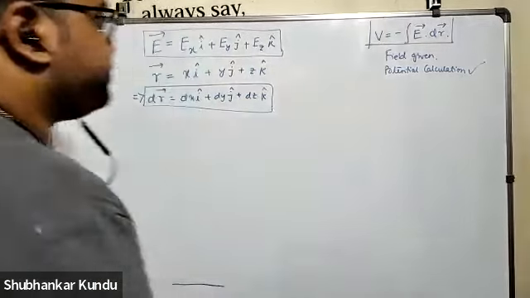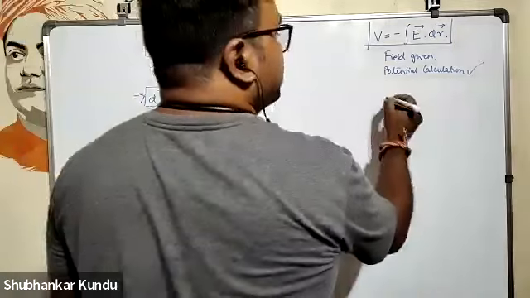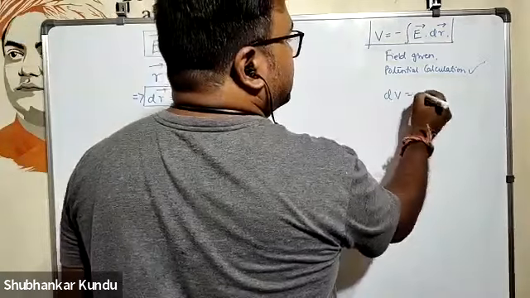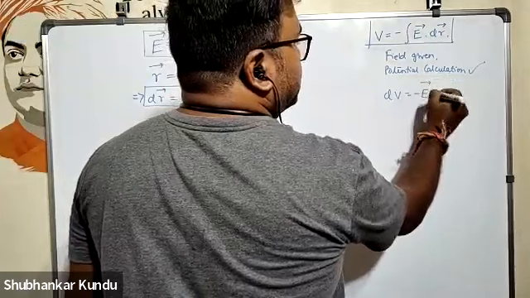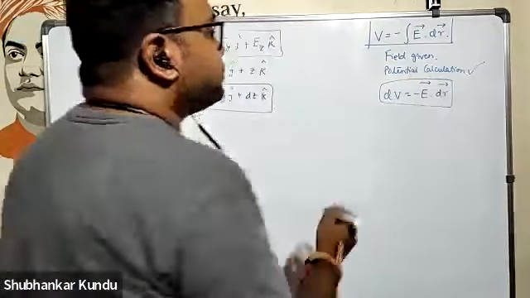What is V? We now have dV is equal to minus E dot dr, right? Small potential.